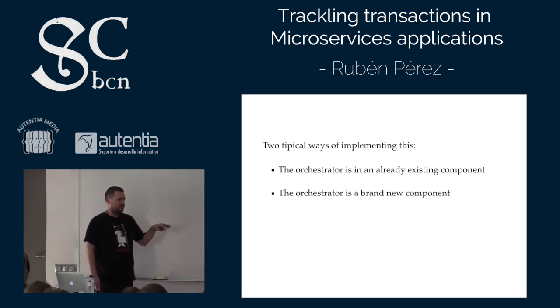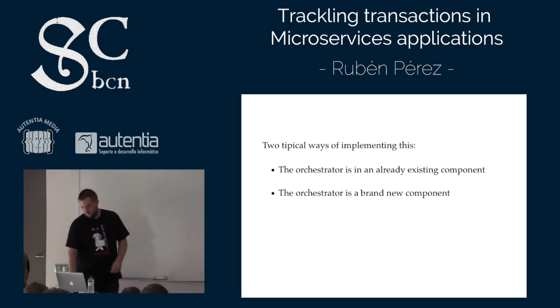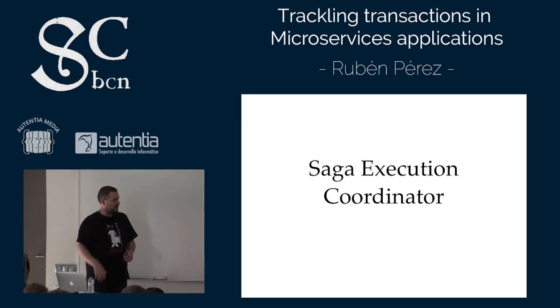And that was introduced, I think, by Caitie McCaffrey from Twitter, Microsoft, Halo, and many more. So this last one is the one that I like the most for common applications. So we will dig into detail of this one from now on. And we can call that the saga execution coordinator.